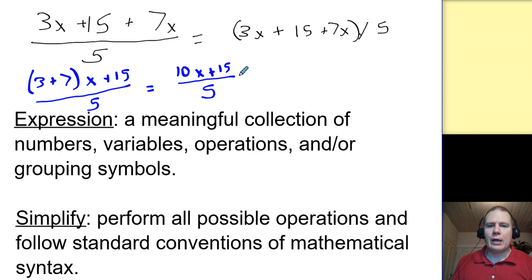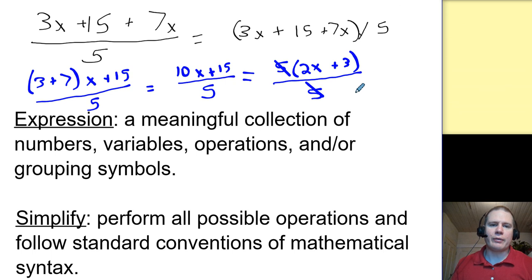But instead of just saying this is it, I notice 10 and 15 have a common factor. 5 times 2 is 10, so 5 times 2x is 10x. 15 is 5 times 3, and what do you know? 5 times something then divided by 5, or better yet, 2x plus 3. Make that 5 times bigger, and then 5 times smaller. I'm basically not doing anything, right? I get 5 over 5, the multiplicative identity.